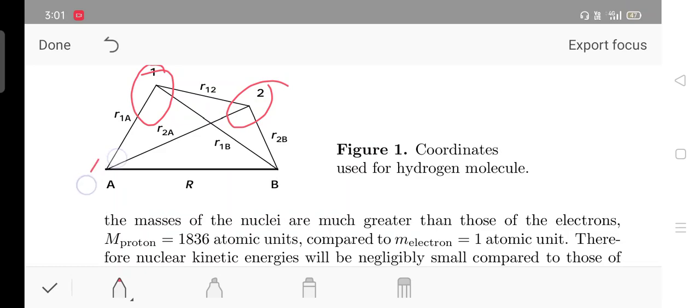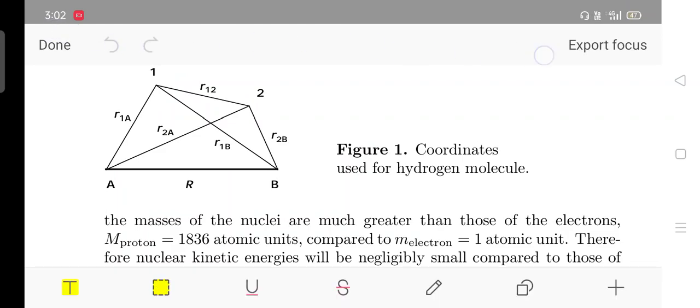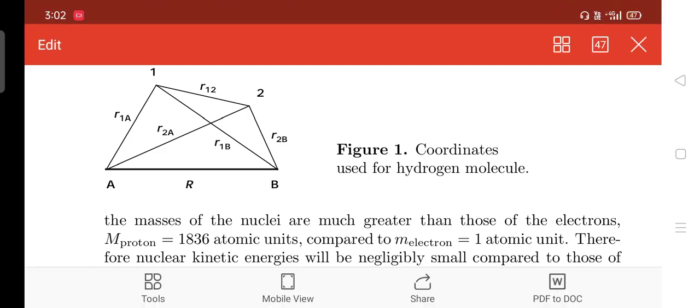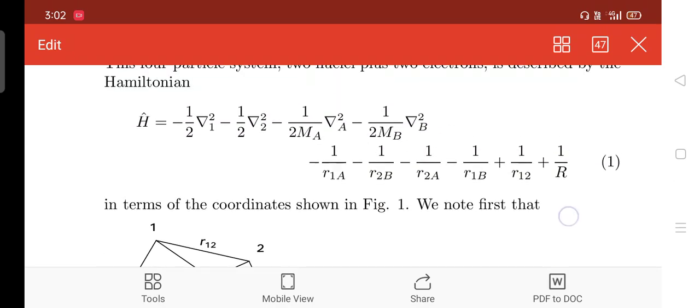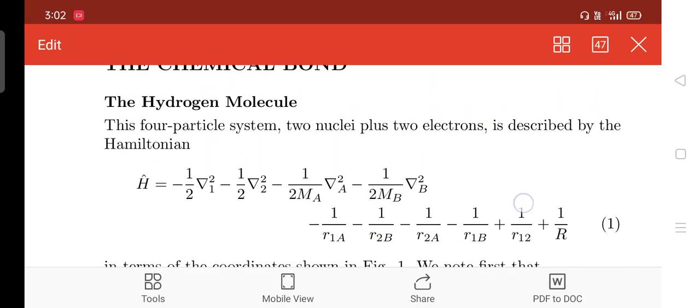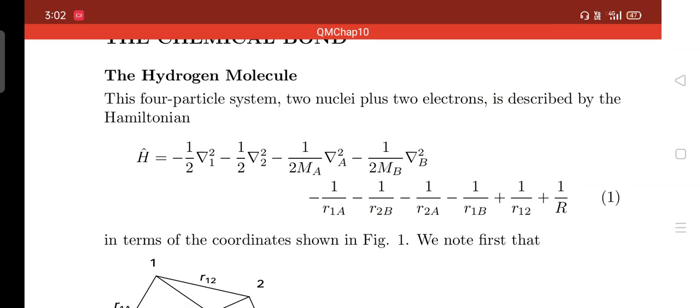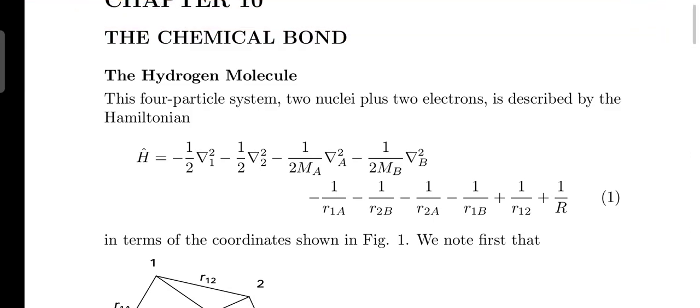But the nuclei and the electrons are attractive to each other. This four particle system is described by the Hamiltonian.